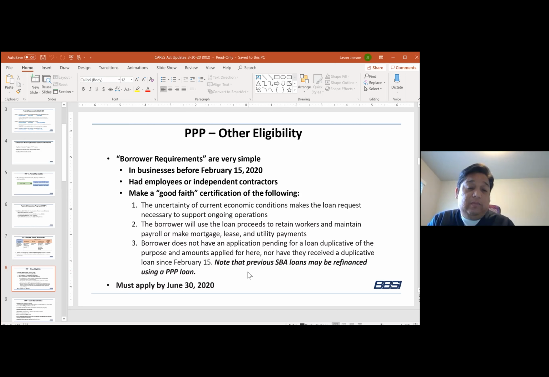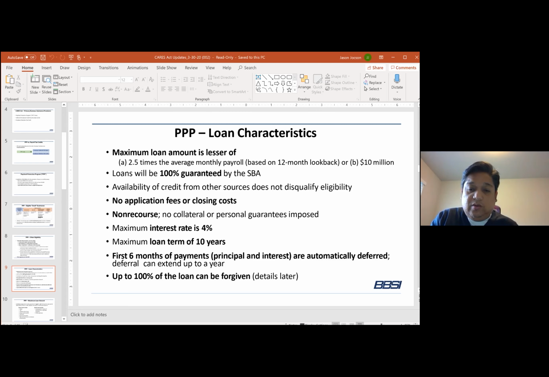Bullet point number 3 at the bottom: if you already have an existing SBA loan or are in the process of getting one, you can use this program to refinance that loan. Okay, that's good to know. And you'll probably get a better rate with this program. Another side note: if you're already paying back an SBA loan, isn't there some element of deferment to that?